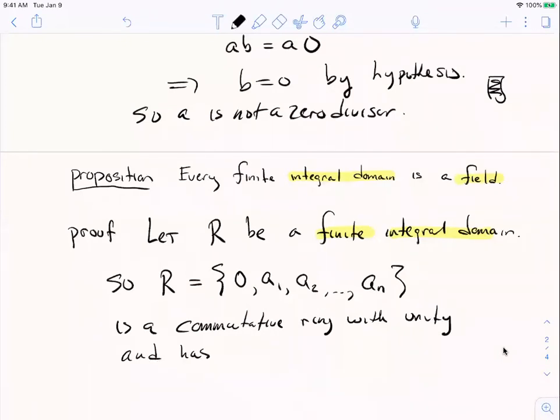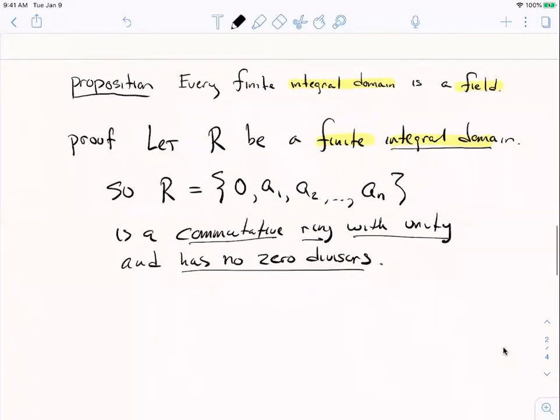It has no 0 divisors. That's what an integral domain is: a commutative ring with a 1, a multiplicative identity, and it is devoid of 0 divisors. We want to show that R is a field.